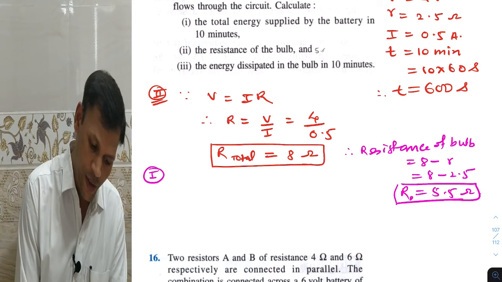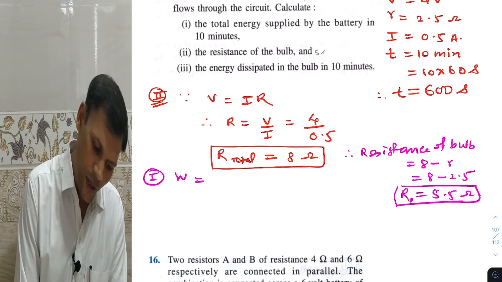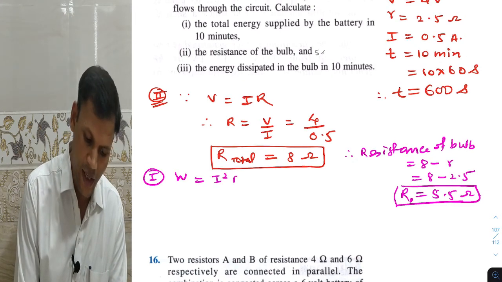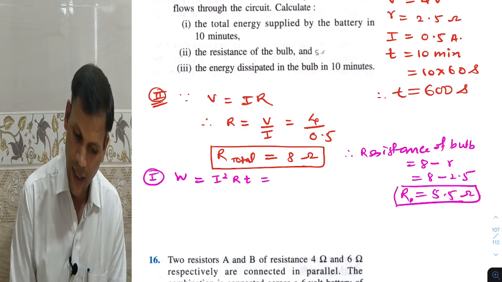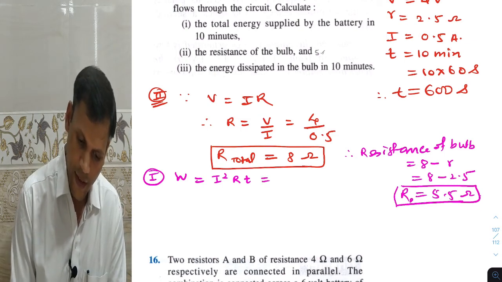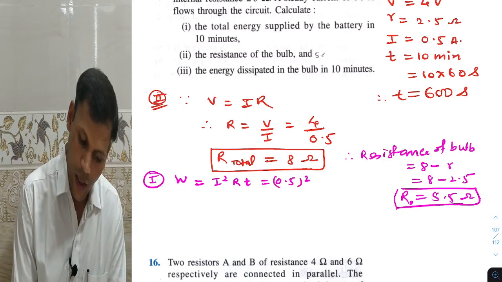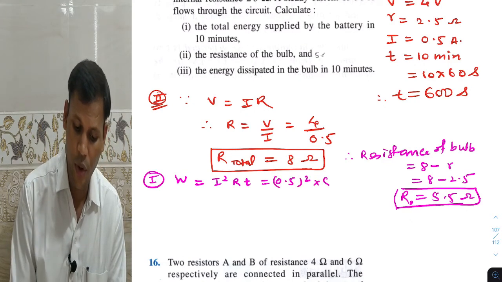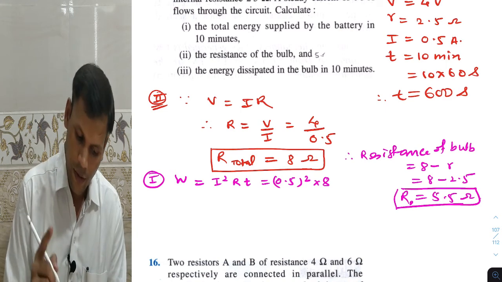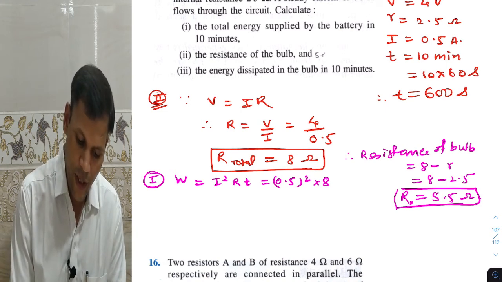Total energy supplied, now first part we are finding, total energy supplied. So W is equals to I square RT we can write. So I square, I is given, 0.5 to the whole square into R is 8 ohm total resistance into time is 600 seconds.